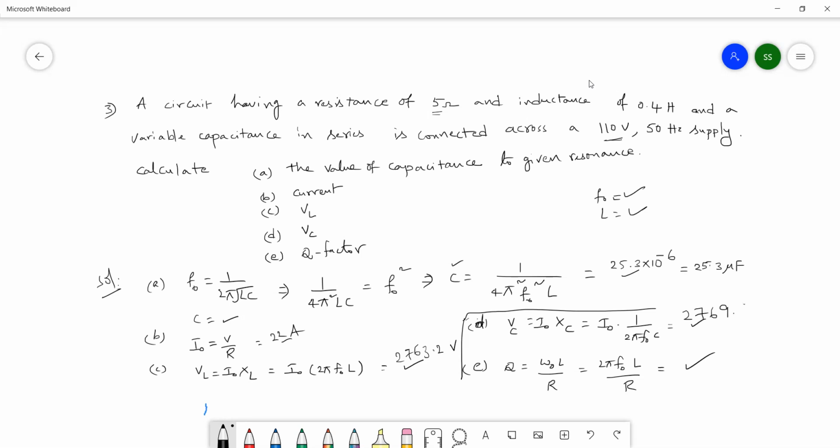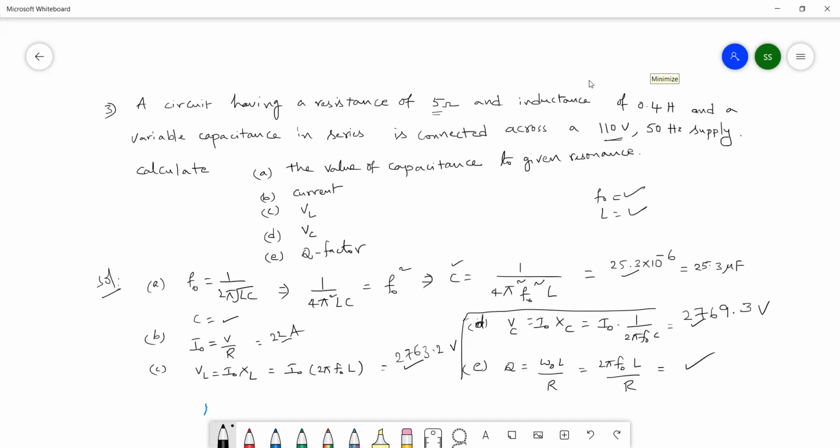Here I am writing it as 2769.3 volts. Right. So in a similar fashion, calculate the quality factor also.